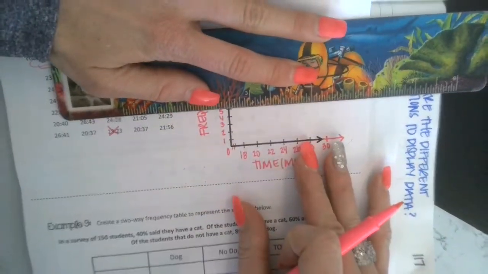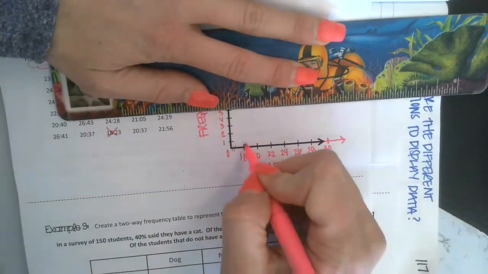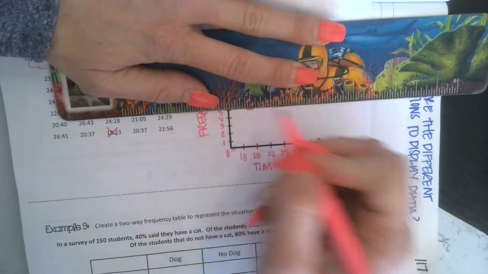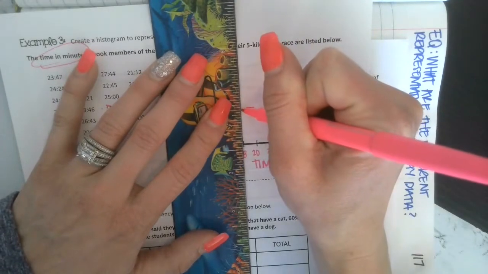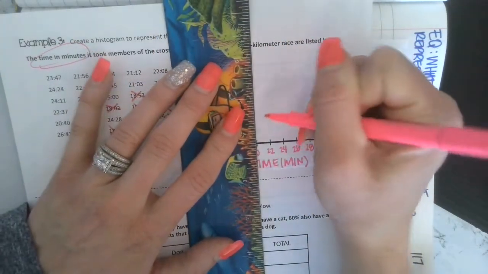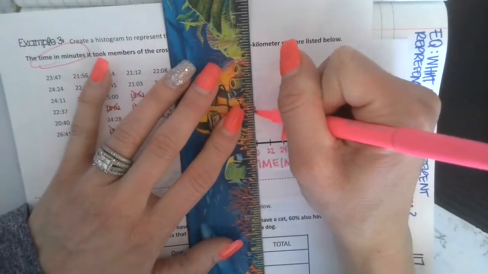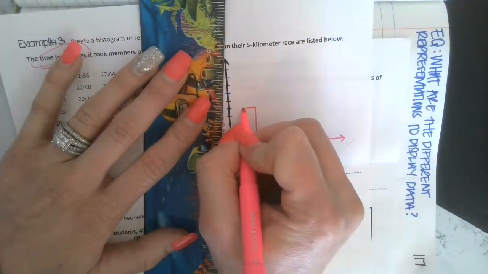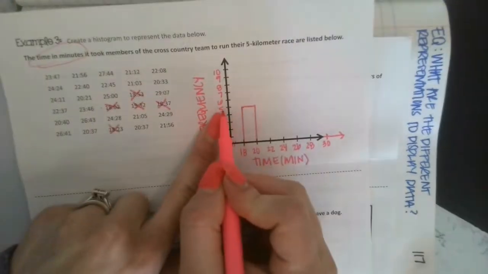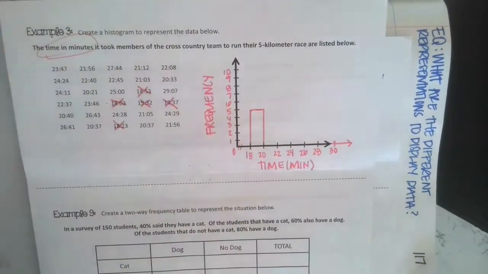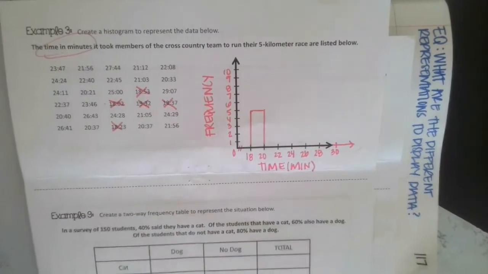Okay, and I'm going to draw my little line here. So 18 to 20, I'm looking at 5. Don't have a ruler. It's not the end of the world. Just trying to show you good habits. Okay, so from 18 to 20, we have 5 numbers that are there. That's the frequency of that. Okay.